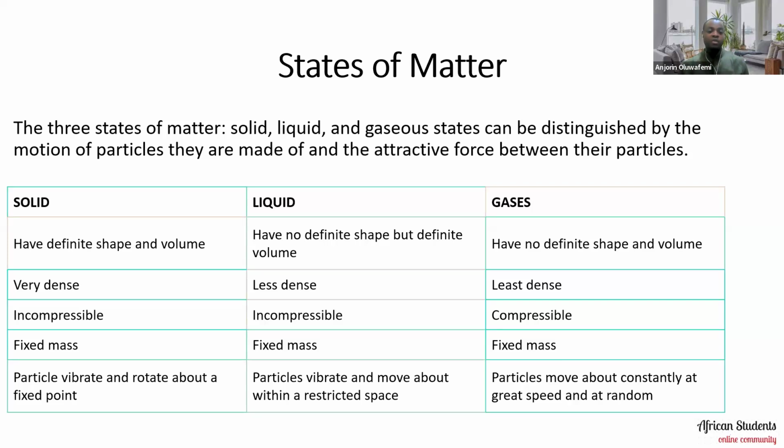When we have the solid, one of the things you notice about the solid state of matter is that it has a definite shape and volume. The liquid state, on the other hand, has no definite shape and does not have a definite volume also. The gaseous state, on the other hand, has no definite shape and volume.